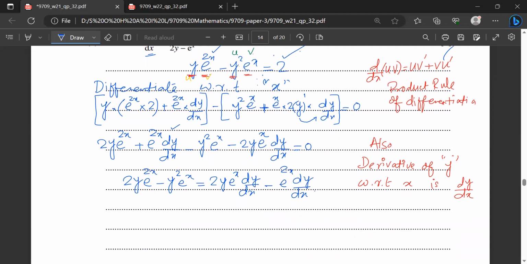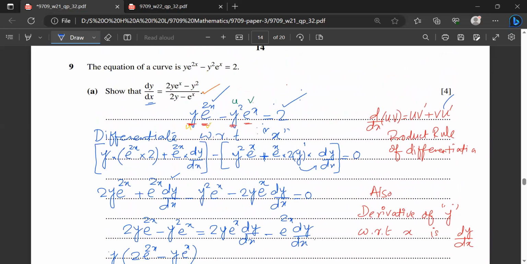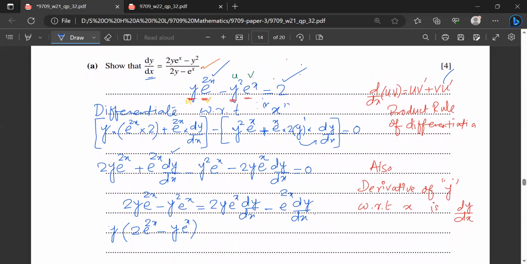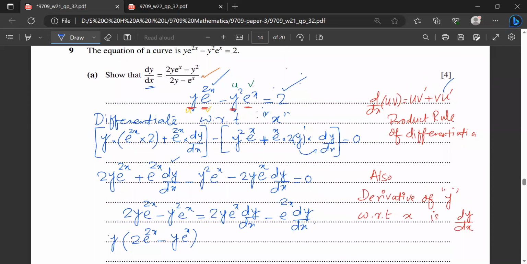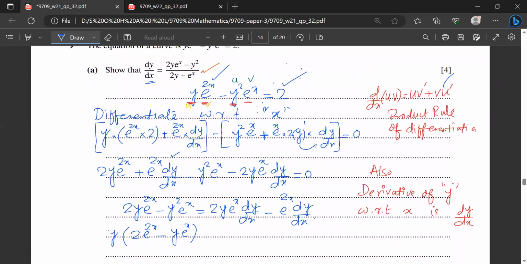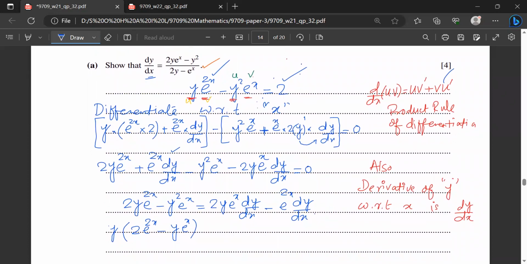On the left hand side, y is common. Instead of taking common that way, only take e power x common.